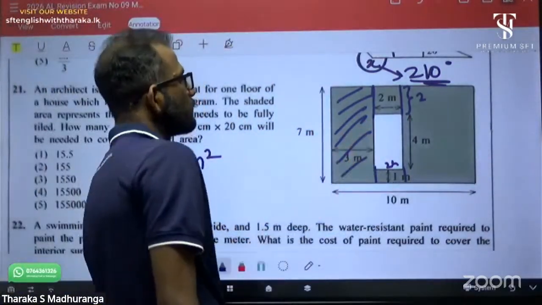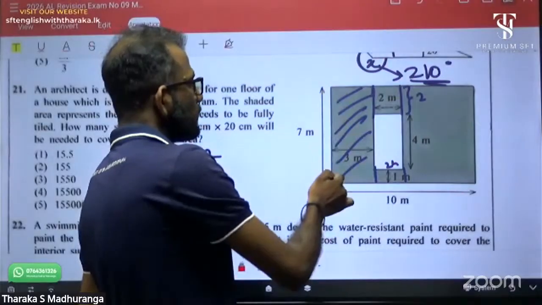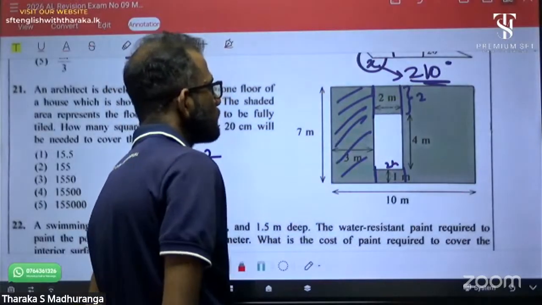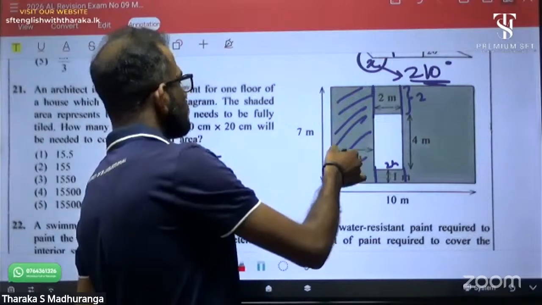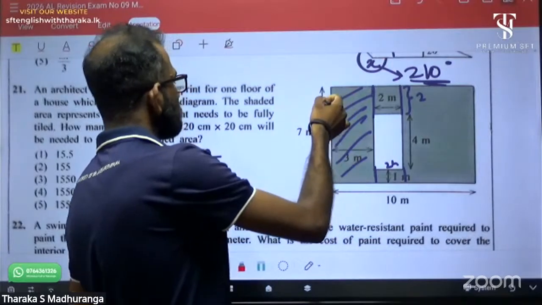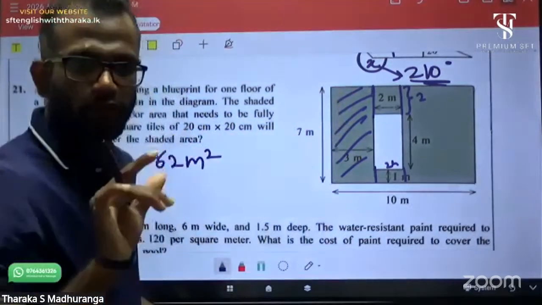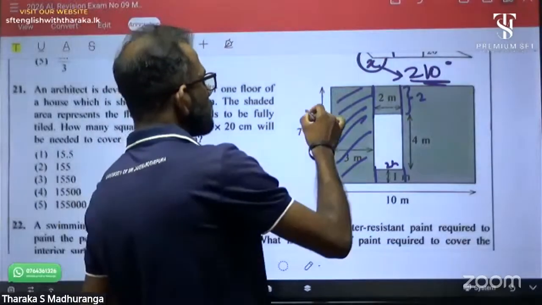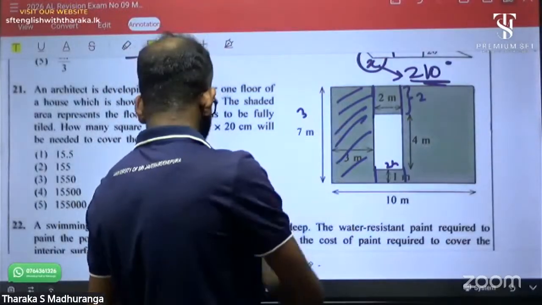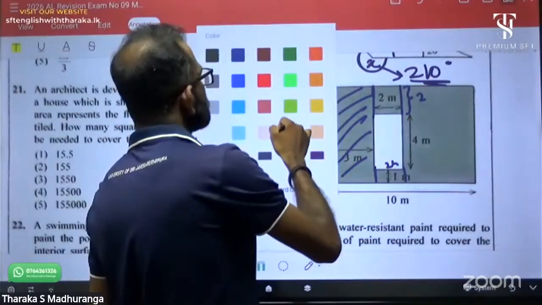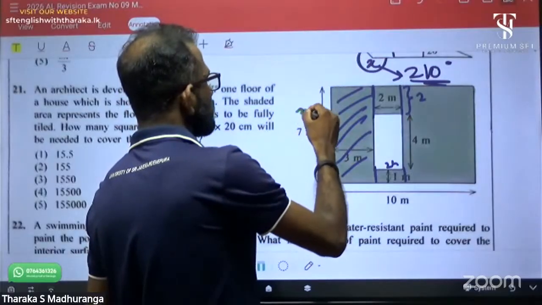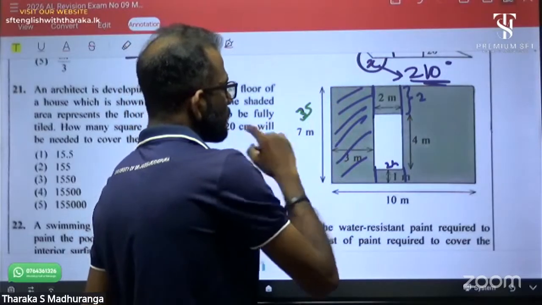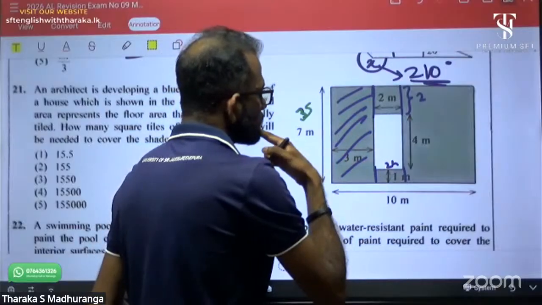How many tiles are required for this part? It is 7 by 3. On this side, 20 centimeters means 5 tiles for 1 meter, so 35 tiles for this side.